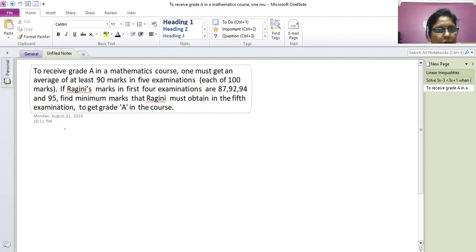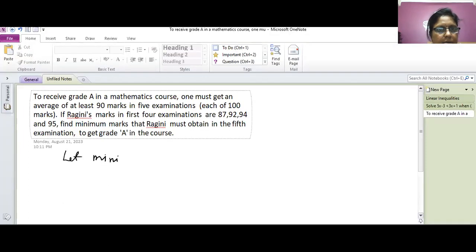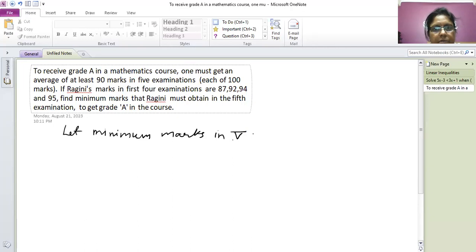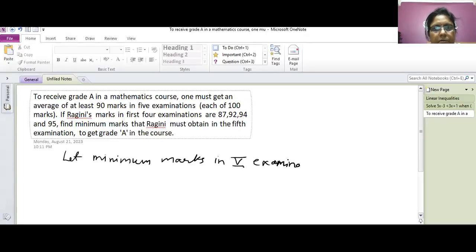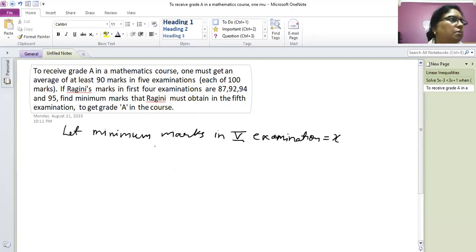Let the minimum marks in the 5th examination to get grade A be x.